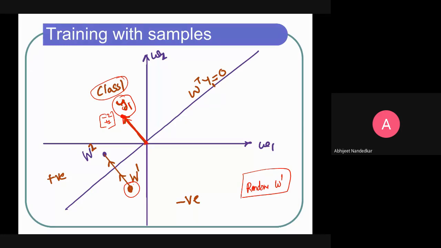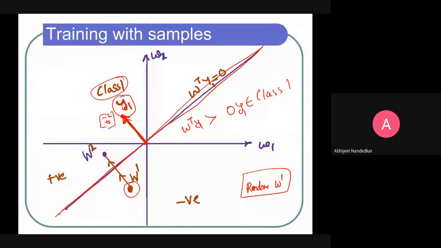So that becomes the y1 vector. Since I am in augmented space, I know that the equation for the decision boundary is W transpose y1. So this is the line where W transpose y1 is 0. But what I want for y1 is that W transpose y1 should be greater than 0 because y1 belongs to class 1.